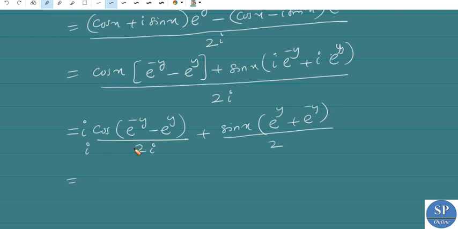So i times i is negative 1, and i² is negative 1.